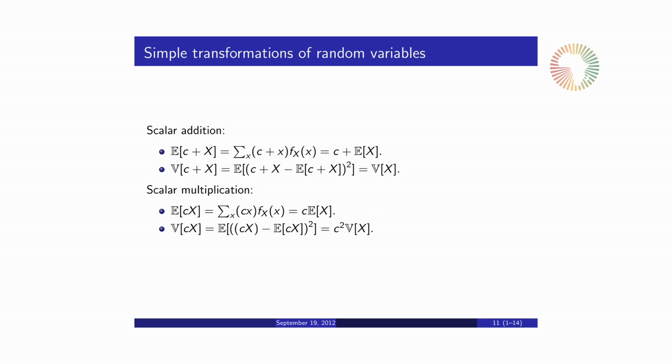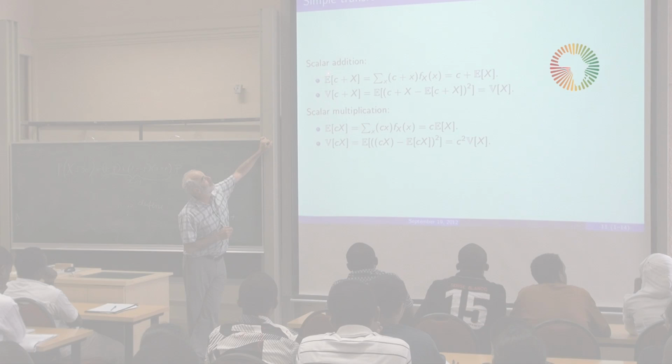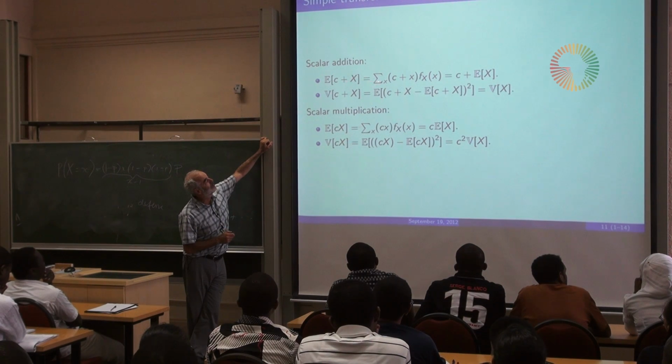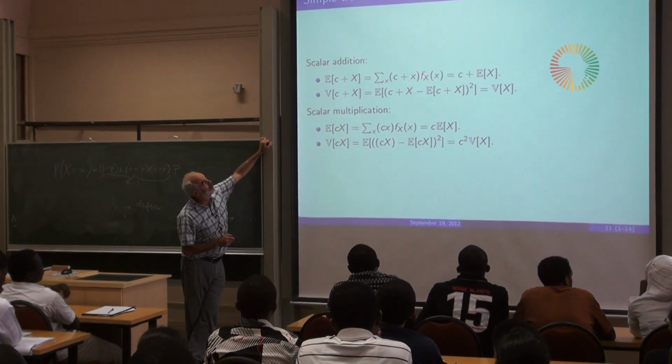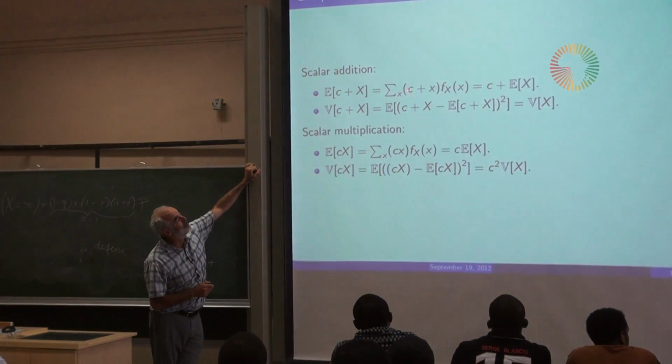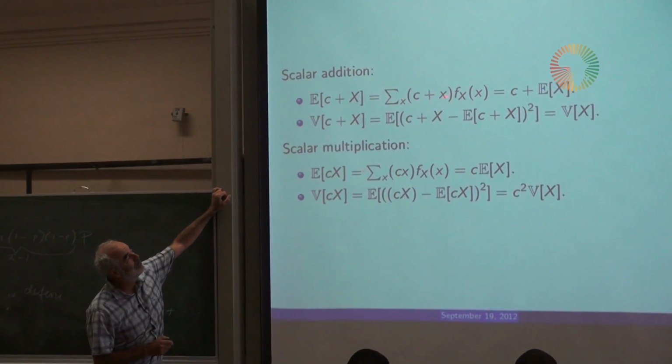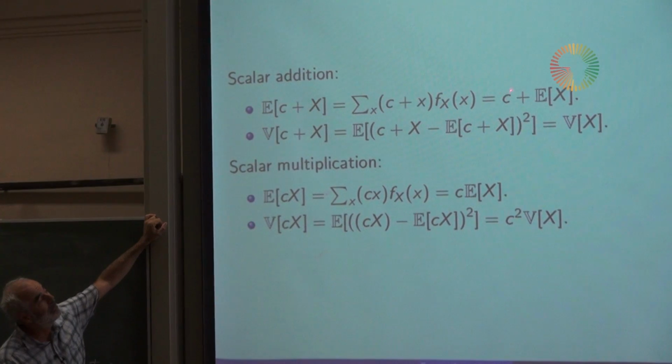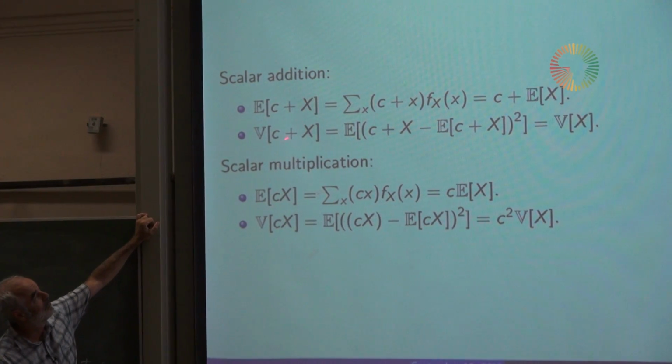The first is, if we've got random variables, what happens if we add something to them? The expectation of c plus x just comes back into there. If we break this up into 2 additions, this adds up to 1, and we get c plus the expectation of x.